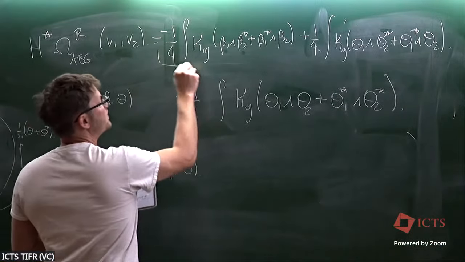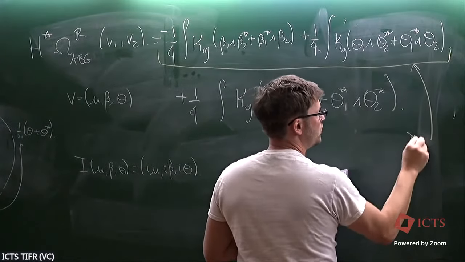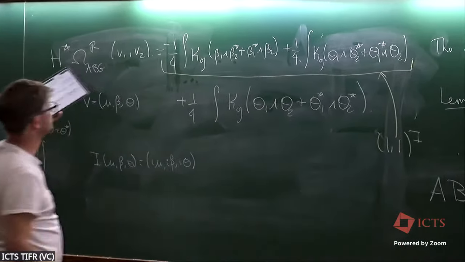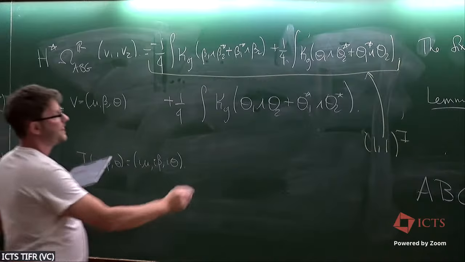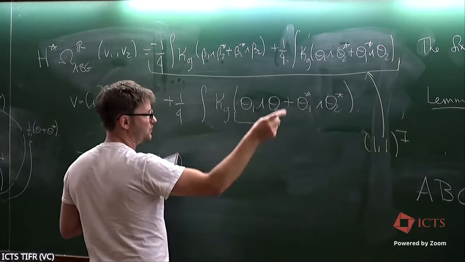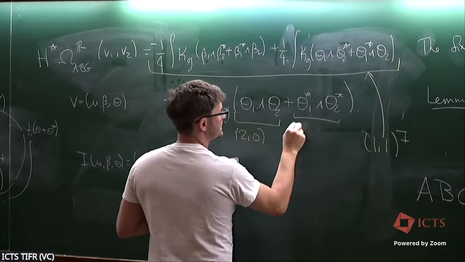I can't write above because it can't be seen on the recording. So this guy is the 1,1 part with respect to I of this 2-form. And now here I multiply by i on both factors. This guy is the 2,0 part, and this guy is the 0,2 part.